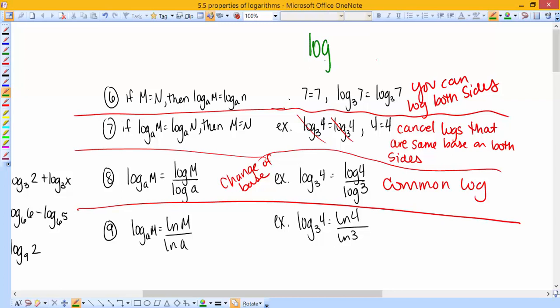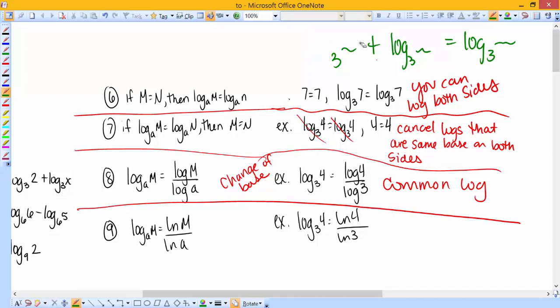But if I have a log of 3 something plus a log of 3 something equals a log of 3 something, you cannot cancel. It must be a log equals a log. So you would have to condense this first. So be careful with that. Don't jump the gun on wanting to just get cancel happy and trying to make everything easier for you.